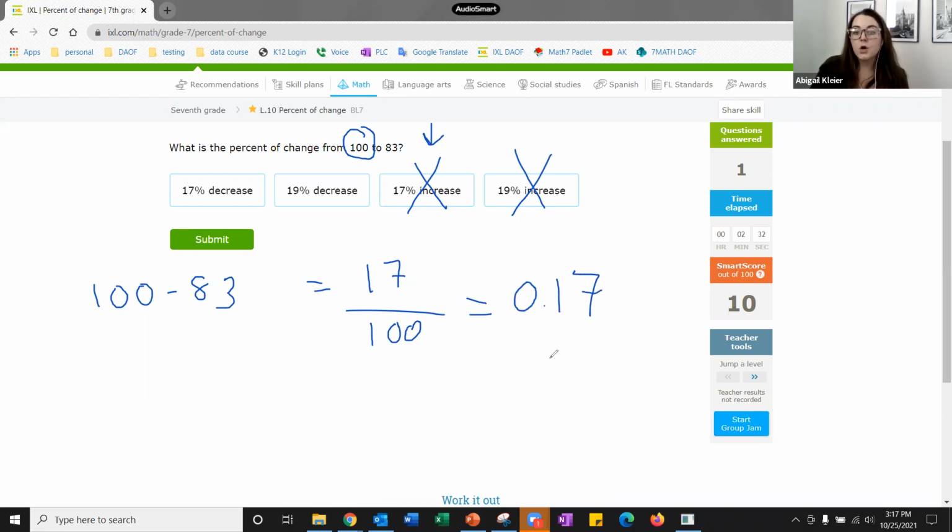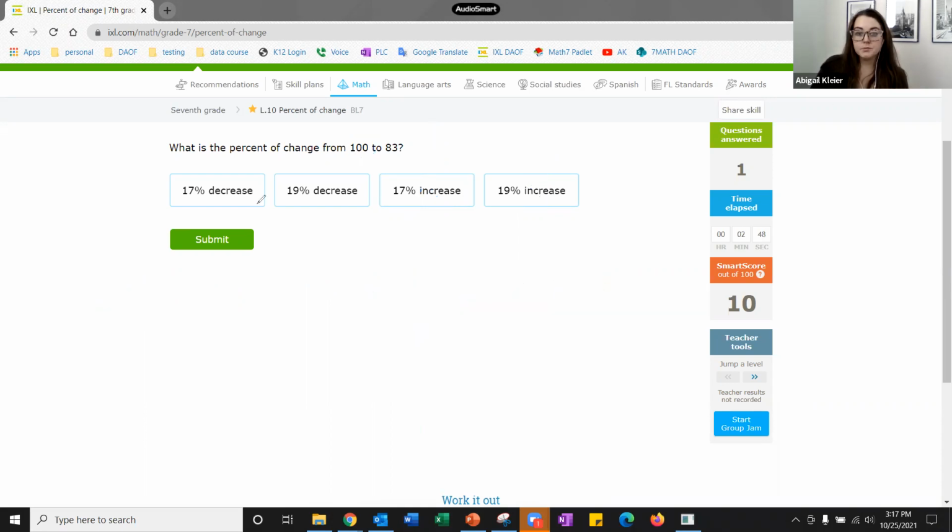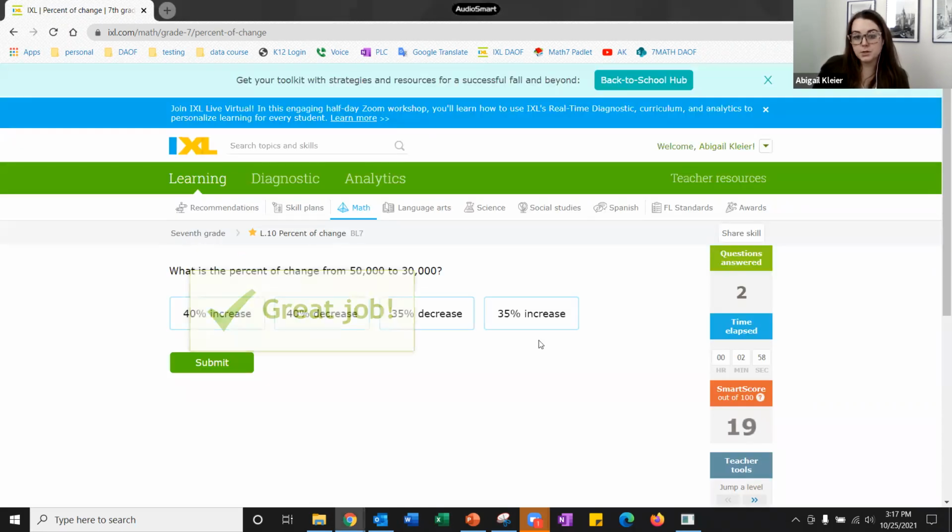And last step, converting our decimal to a percentage. Moving that decimal point 2 spaces, 0.17 equals 17%. So again, what is the percent of change from 100 to 83? We know that that is going to be a 17% decrease.